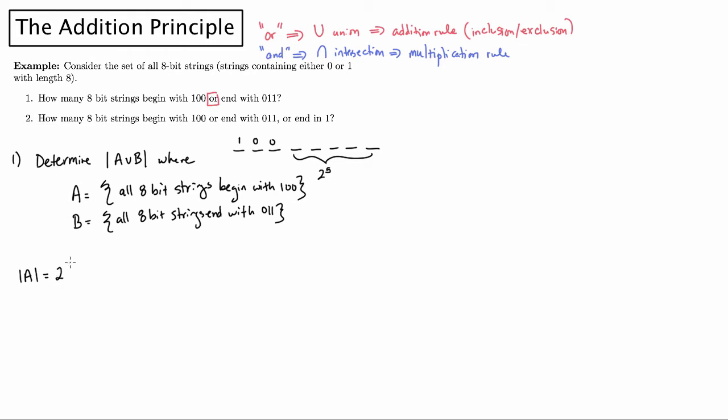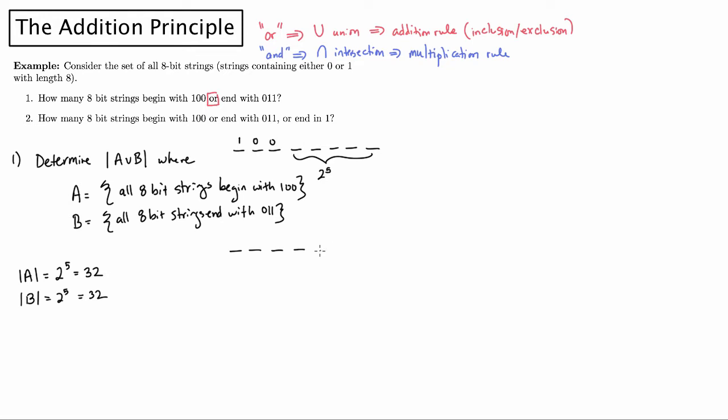And so the size of A is 2 to the 5th, or 32. Similarly, the size of B is also going to be 2 to the 5th, which equals 32, because the only difference between these two would be whether I fill in the first 5 or the last 5.